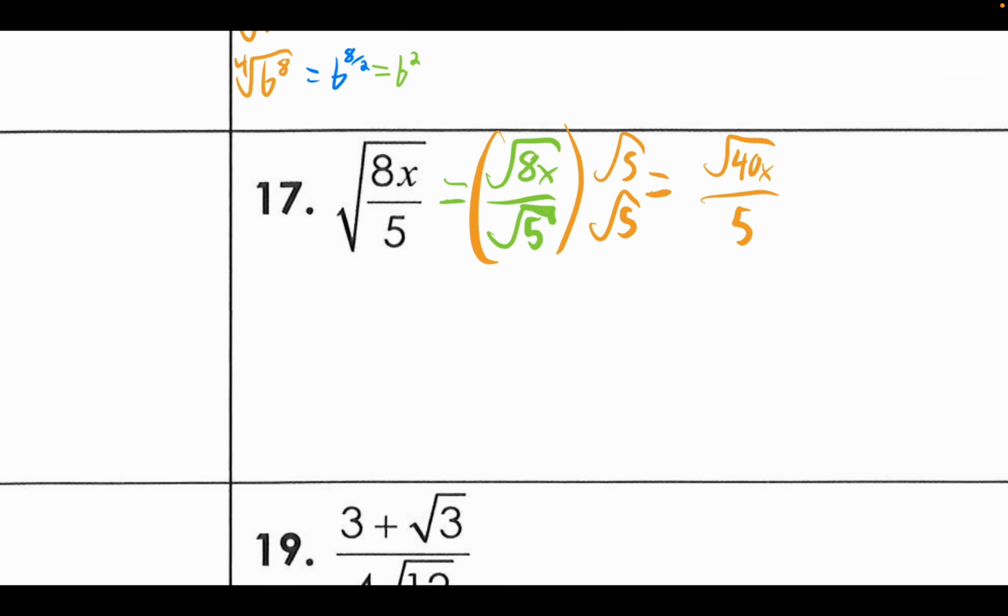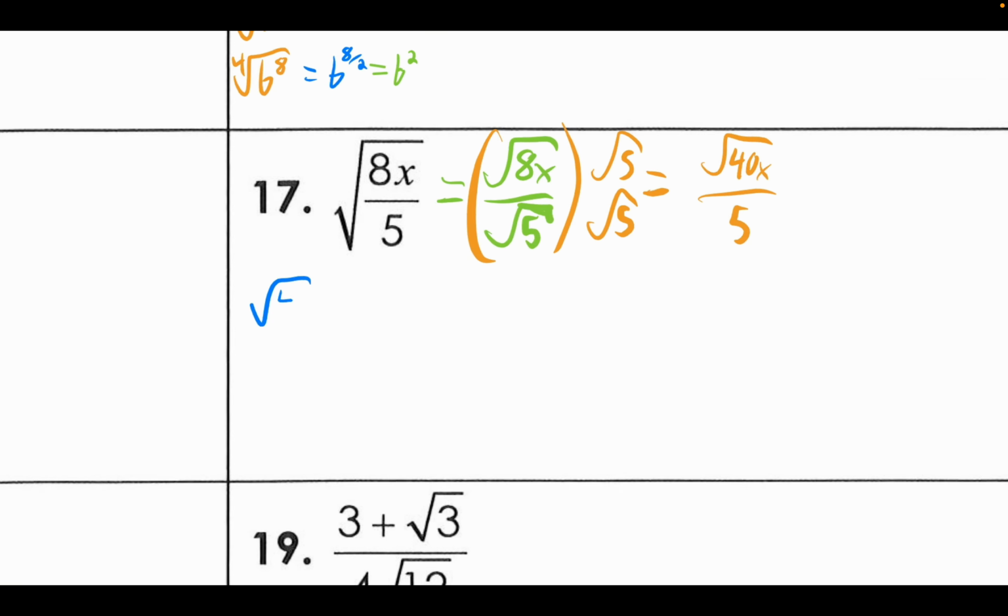As I simplify the square root of 40x, I can't simplify the square root of x, y'all. The reason is that this exponent of 1 is smaller than the index of 2 out here. Anytime the exponent is smaller than the index, it won't be able to become a mixed number, and thus we can't simplify it. So I really need to simplify the square root of 40.